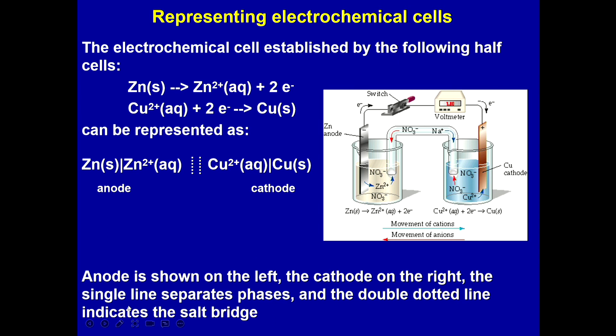The single line separates the phases, and the double dotted line indicates the salt bridge. We can use this way to describe the formation of the cells.